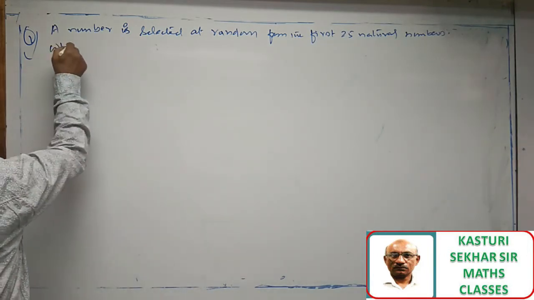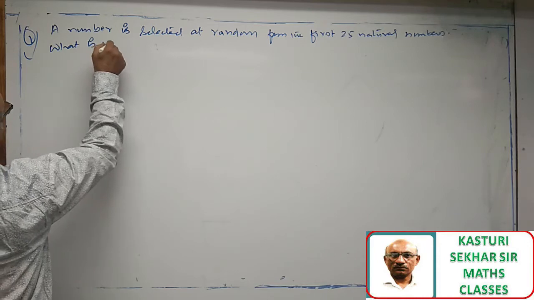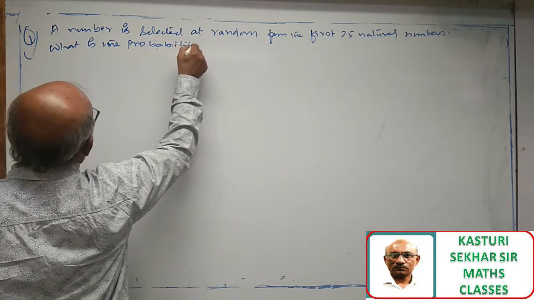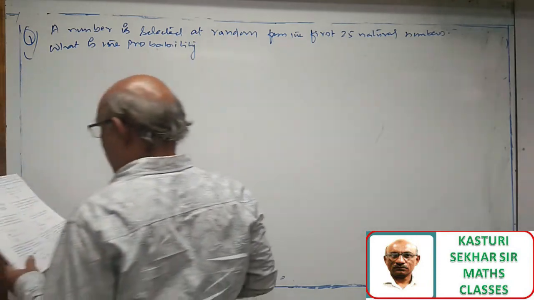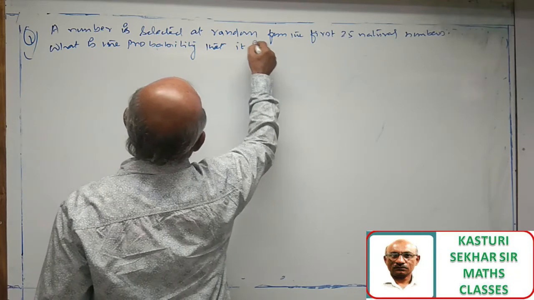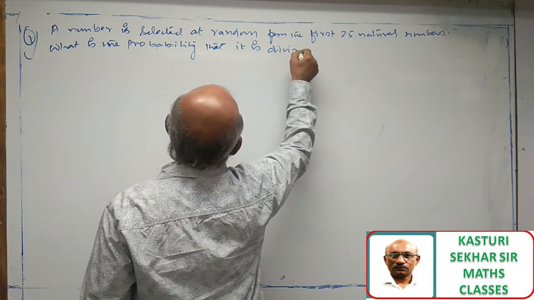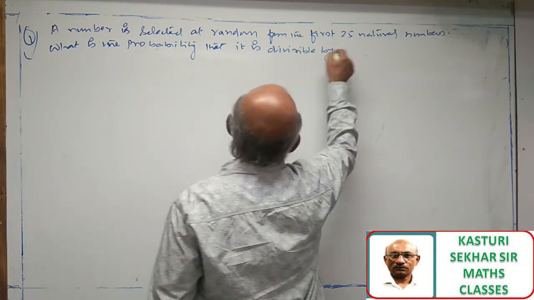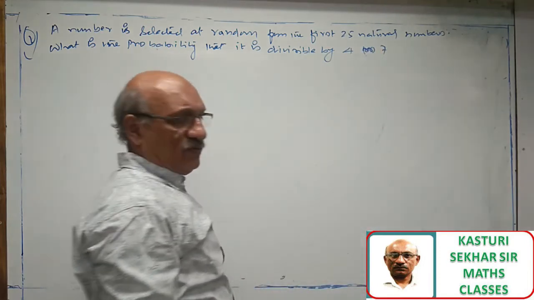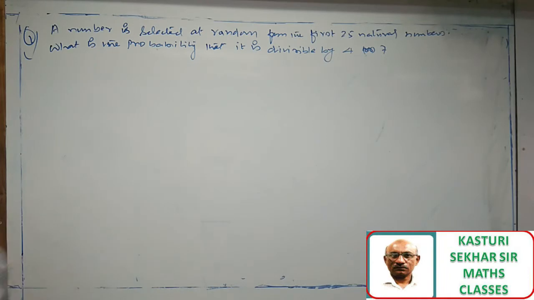What is the probability that it is divisible by 4 or 7?